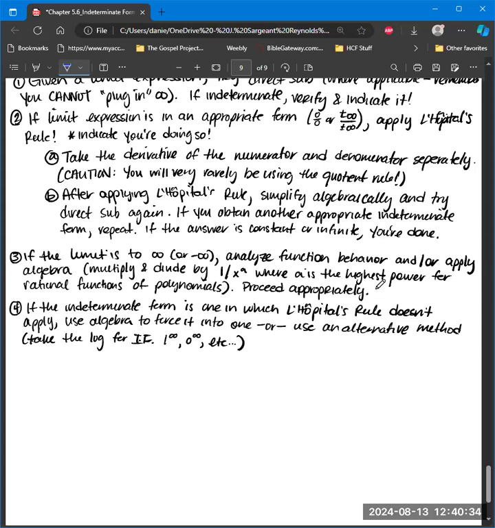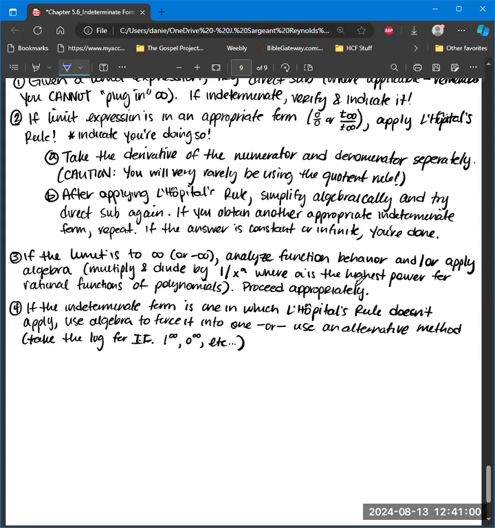If your limit is to infinity or negative infinity, analyze your function behavior and/or apply algebra. Multiply or divide by 1 over x to the n, where n is the highest power for rational functions of polynomials, and proceed appropriately.